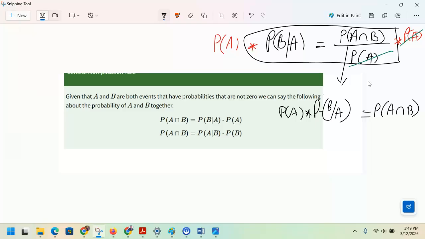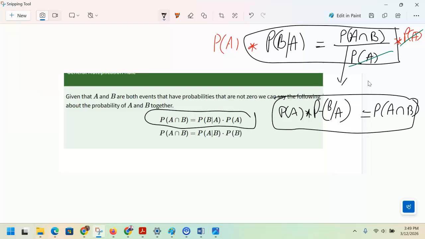So see, and that's what you see in this example. Only thing is I like to write this here and this here.